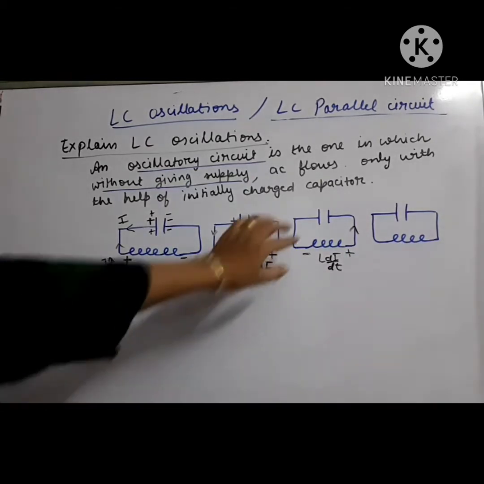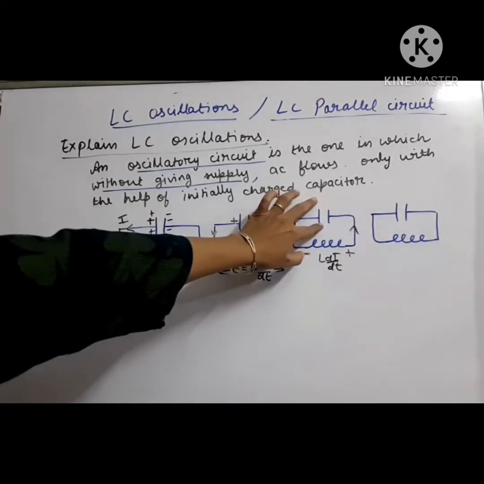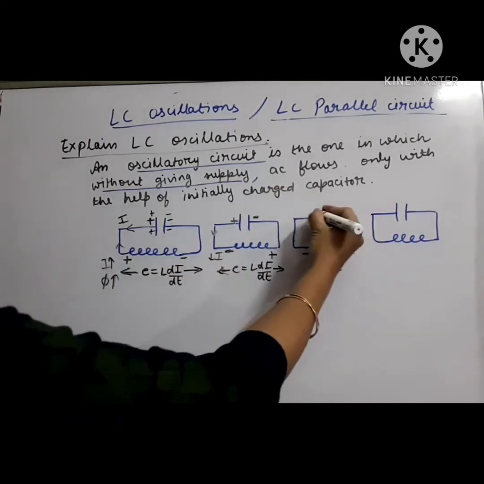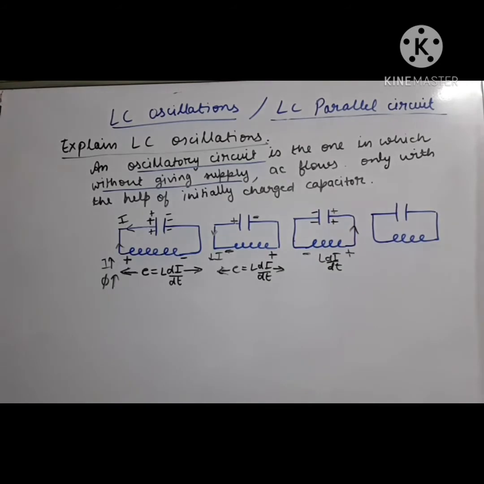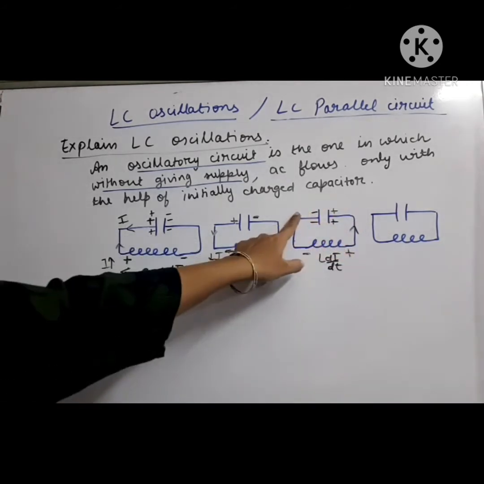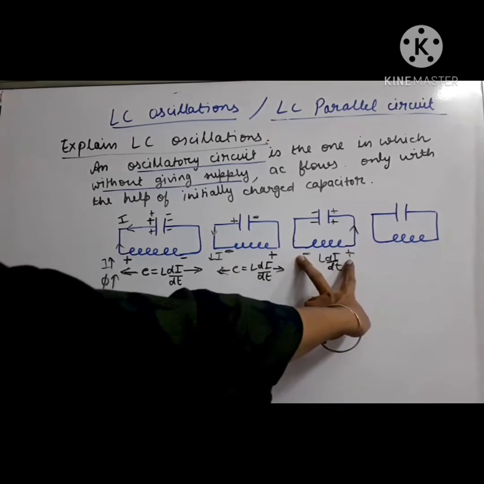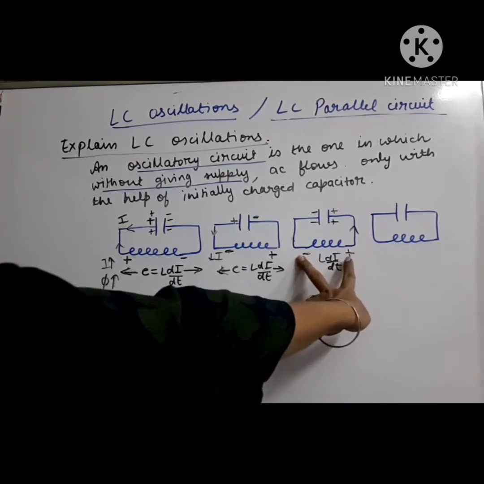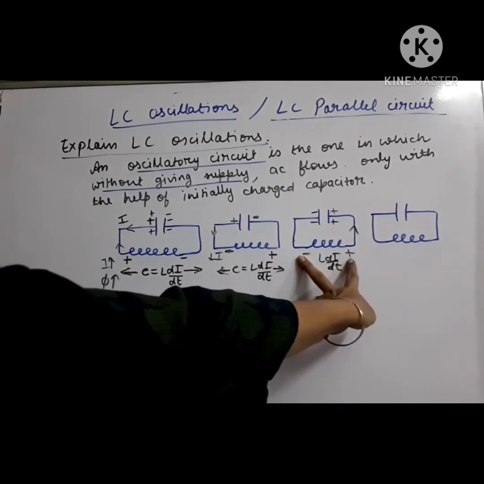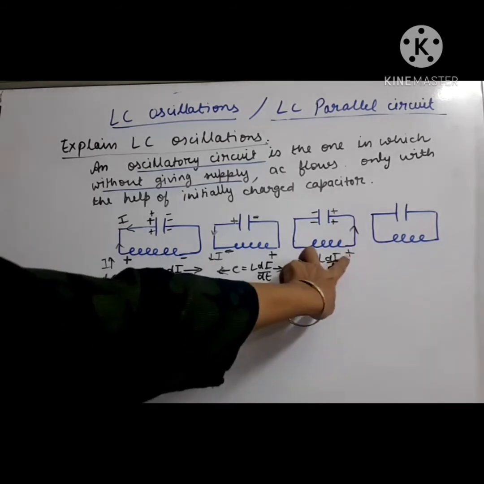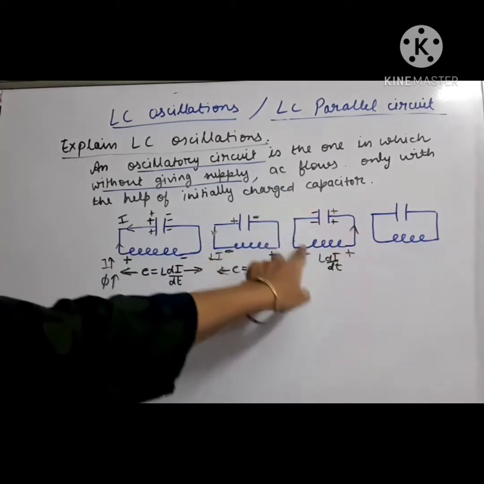Now the capacitor is getting the supply of current, so the capacitor will start charging. Now this end will become positive, this end will become negative. This current will be supplied to the capacitor as long as the inductor has a voltage difference. But the inductor is also not like a battery. Soon it will lose its voltage difference because it is supplying the current.